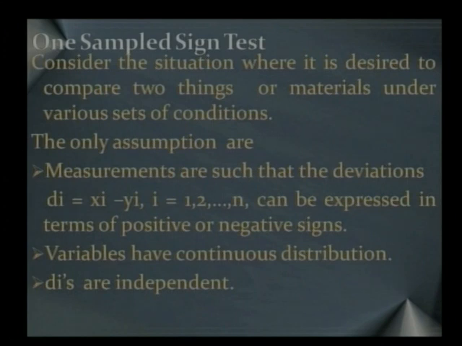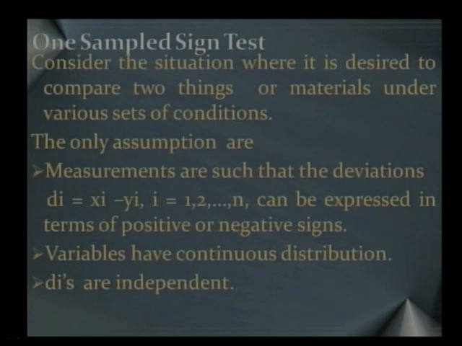Consider the situation where it is desired to compare two things or materials under various sets of conditions. The only assumption here is that the measurements are such that the deviation di equal to xi minus yi, i equal to 1 to n, can be expressed in terms of a positive or negative sign.